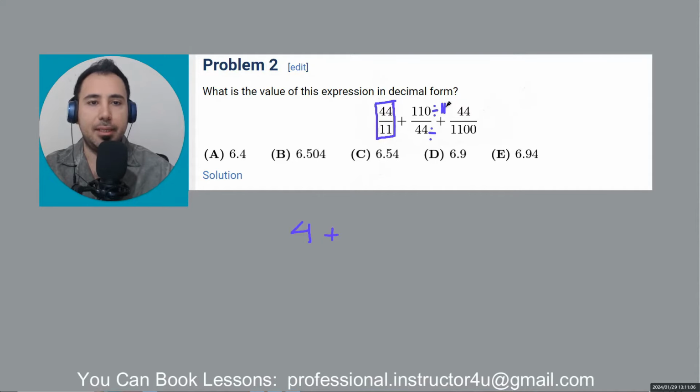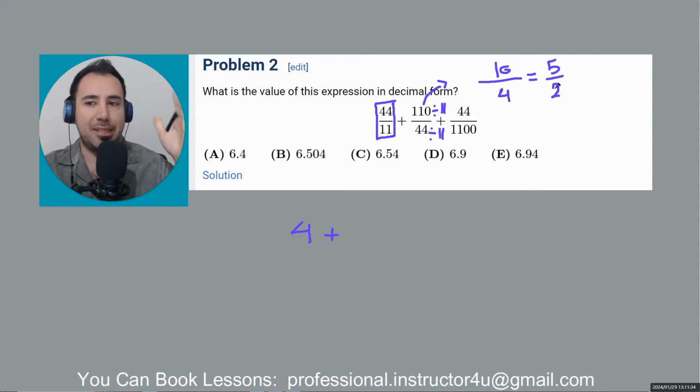110 divided by 11 is only 10. So I'm going to write this one here. It's equal to 10. What is 44 divided by 11? 4. So this is 10 over 4. Here you could go on and divide them both by 2, and it will give you 5 over 2.